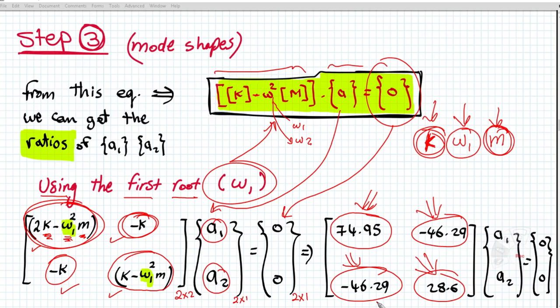After that, we are going to equate it. It is going to be multiplied by A1 and A2, and equal to 0.